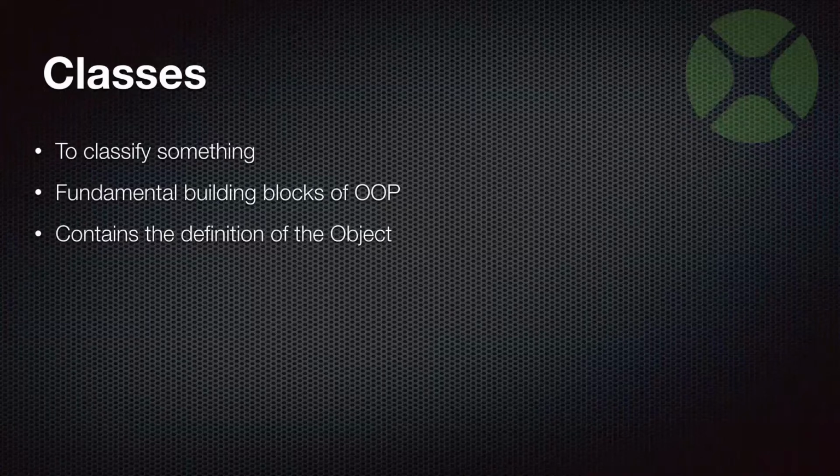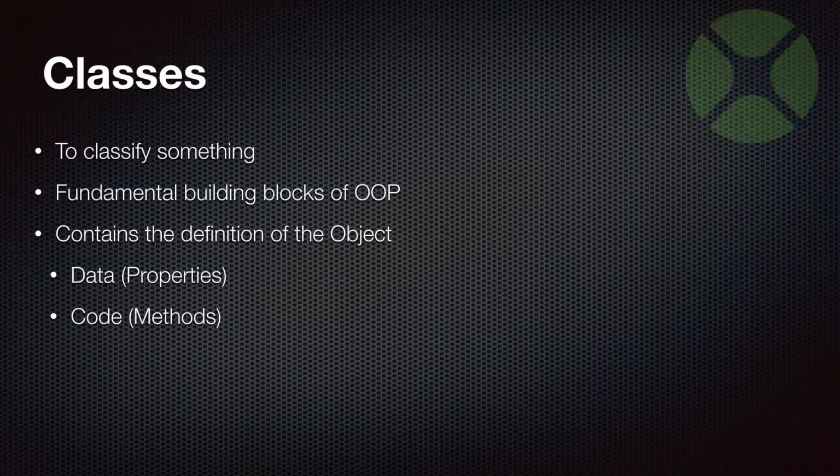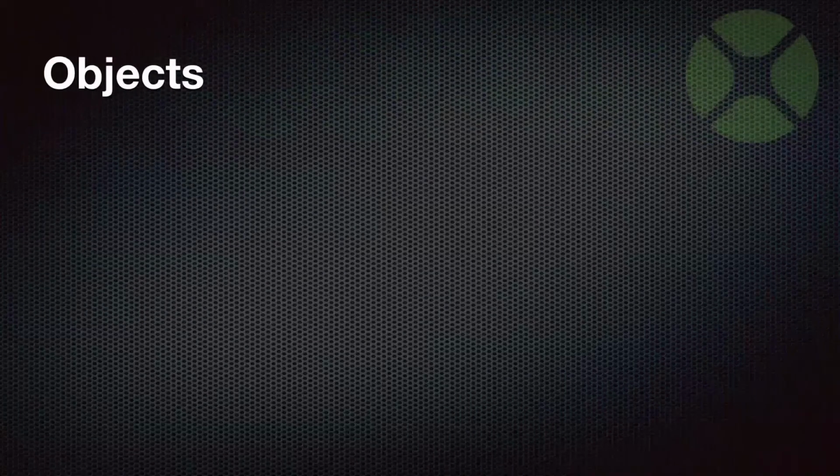And these classes essentially become the definition of the objects that your app uses as it does its thing. And the data is contained in properties in the case of Xojo. I think most programming languages are also going to use that general term. And then you're going to write code in your classes, and these will be in methods. And that's how you're writing your code, designing it, and whatnot.